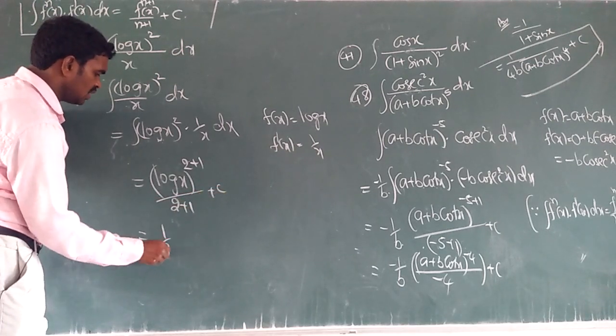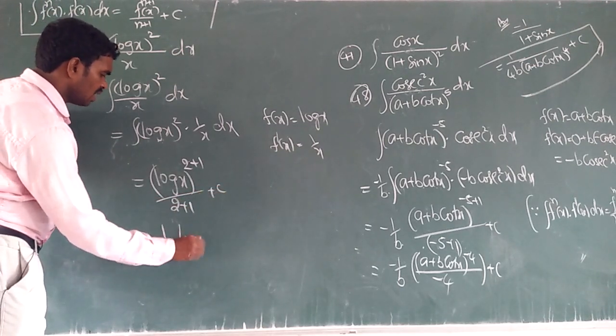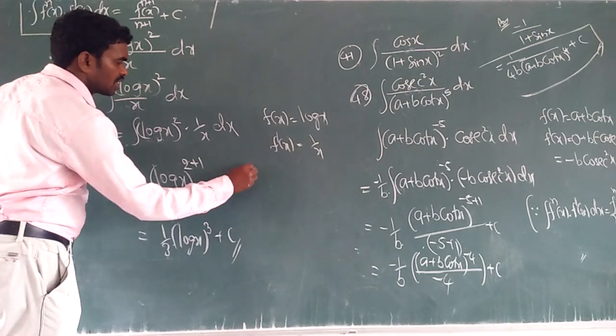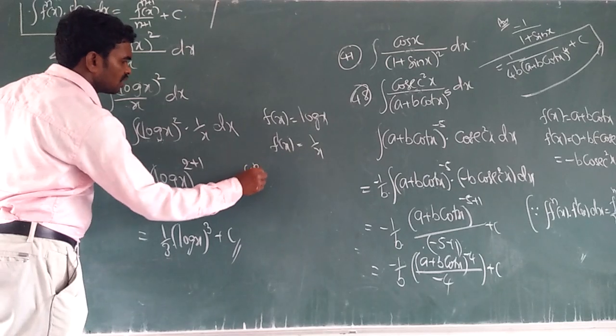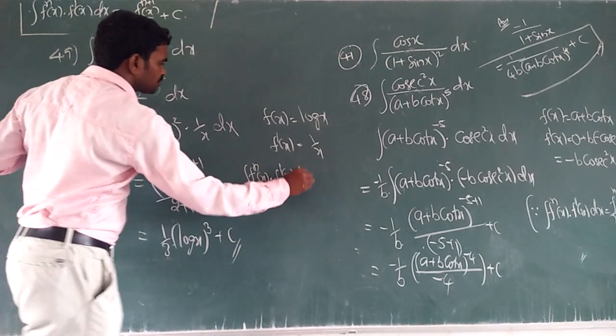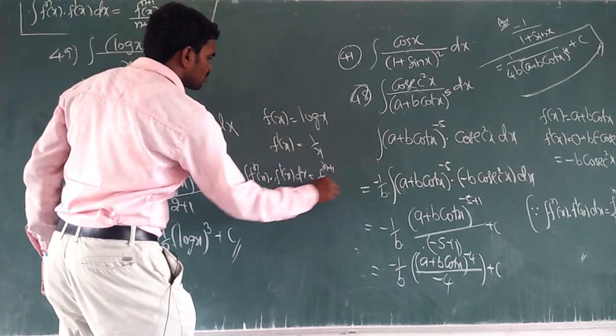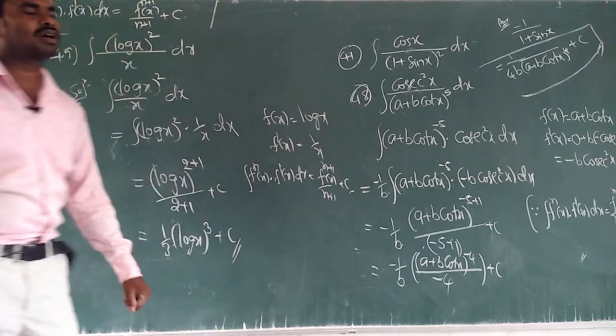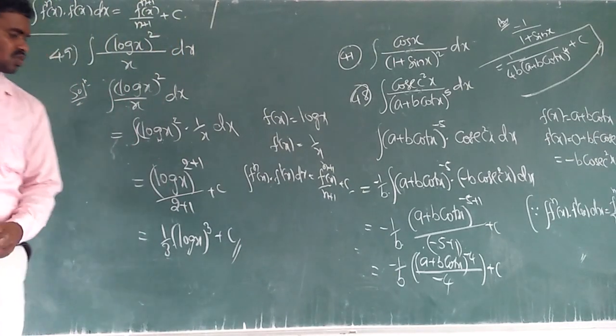So 1 by 3 into (log x) power 3, plus c. This is the answer. Since the integral of f power n of x into f dash of x dx is f to the power of n plus 1 by n plus 1, plus c. Based on this formula, we have completed some 2 marks questions.